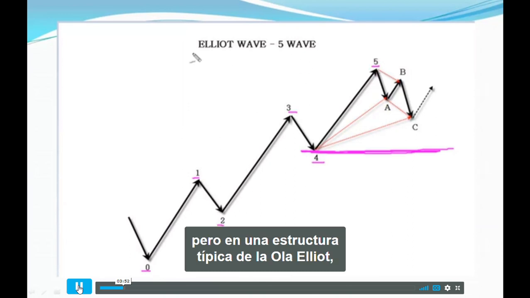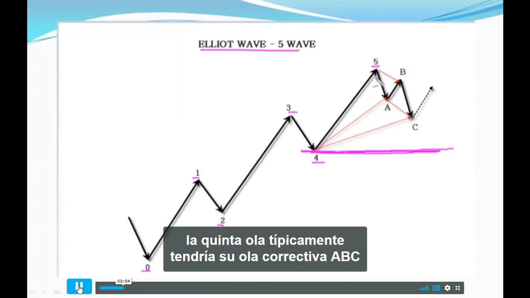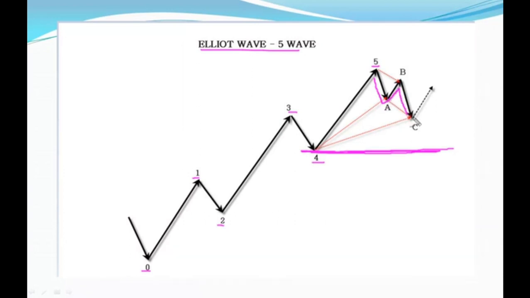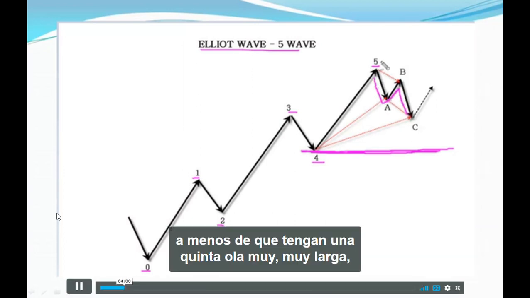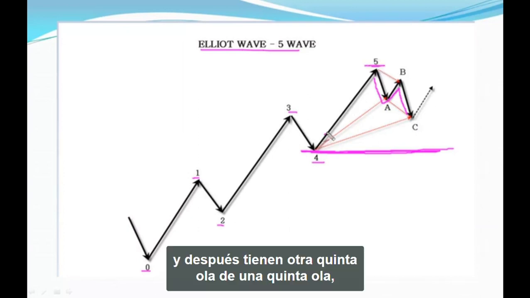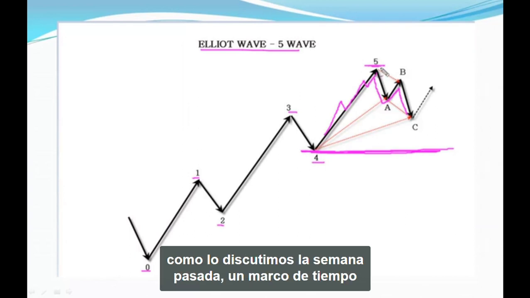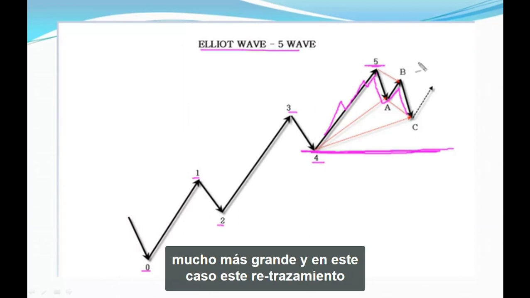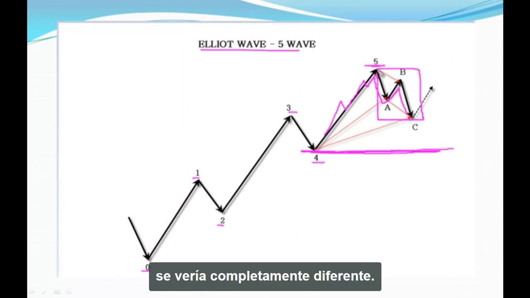But on a typical Elliott wave structure, the 5 wave would have your ABC corrective wave, unless you have a very, very large fifth wave, and then another fifth wave of a fifth wave, like we discussed last week, on a much larger time frame. In that case, this retracement would look a whole lot different.